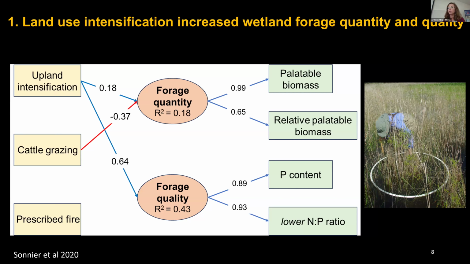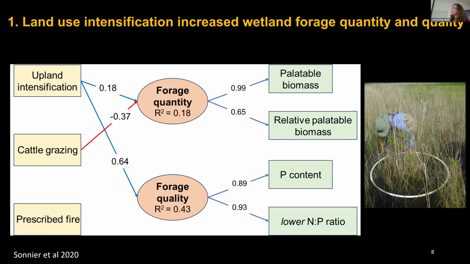Forage quality was represented by the phosphorus content and the nitrogen phosphorus ratio. And here we can see that as phosphorus content increases, forage quality increases. As the NP ratio decreases, you get better forage quality.